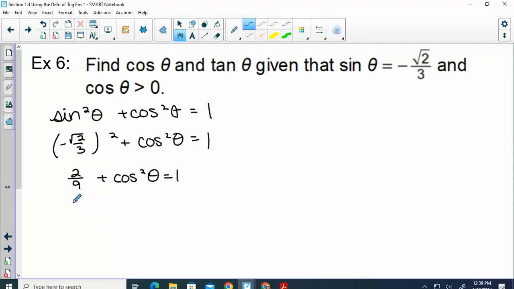What would you do now? 1 is like 9 over 9 minus 2 over 9, so that's 7 over 9. How do we get rid of a square? With the square root, we always do plus or minus. However, I told you that cosine was greater than 0, so I need the positive. So cosine is the square root of 7 over the square root of 9, which is 3.